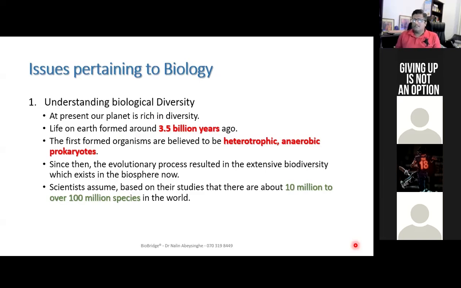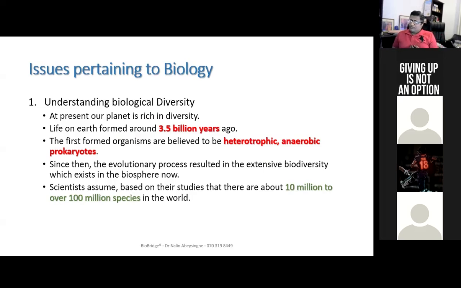Can someone put it in the chat? Yeah, green plants, very good. Green plants, right? They are autotrophs. Cyanobacteria, very good, right? So they produce their own food.